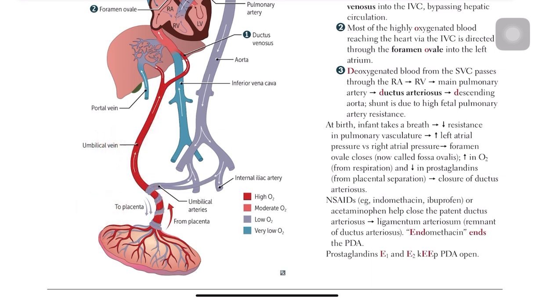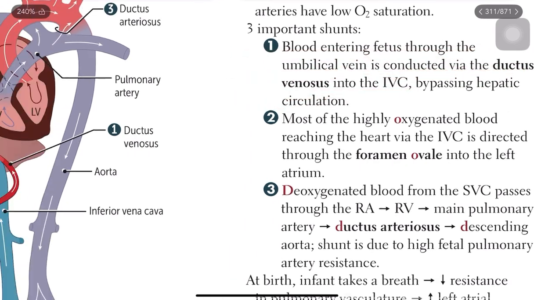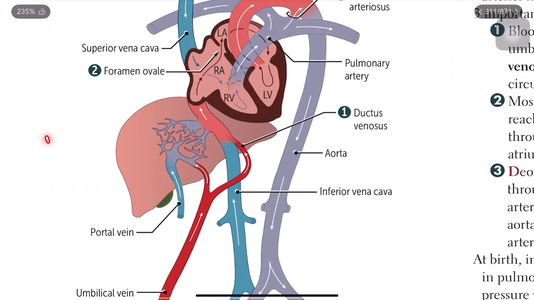As the blood enters the liver, we have already discussed, your liver doesn't need blood, so what would it do? It would simply shunt the blood it receives to the systemic circulation. What is systemic circulation? You have the inferior vena cava, which is nearer to it, so it would form an anastomosis. Blood entering the fetus through the umbilical vein is conducted via the ductus venosus into the IVC, bypassing hepatic circulation. See, this is what we discussed.